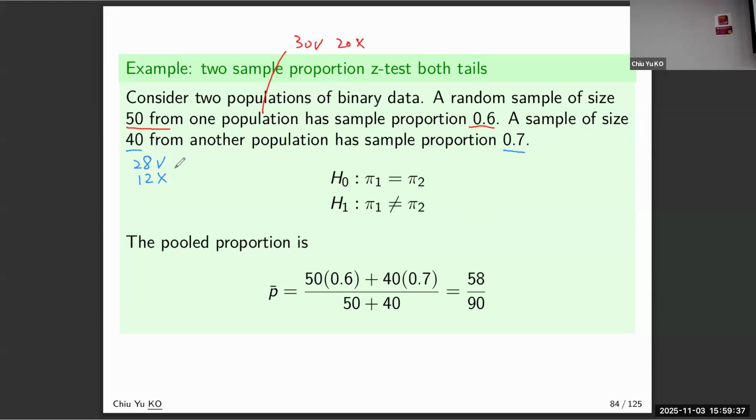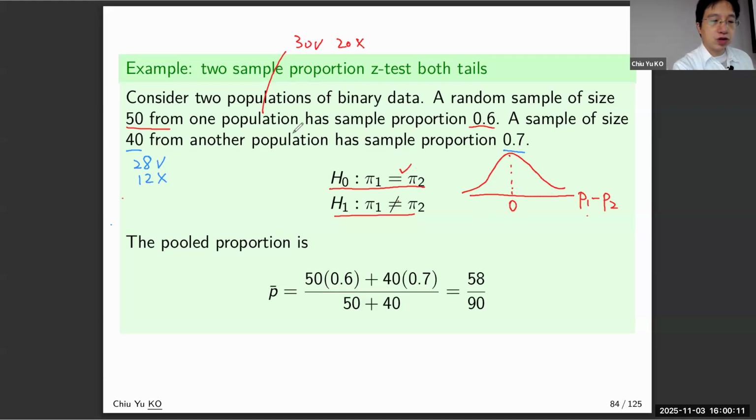So now the question would be, okay, are they the same proportion in the population or not? So to repeat, if you look at P1 minus P2, it will be a bell curve, right? And mean 0. And we know under this, what should the variance be?